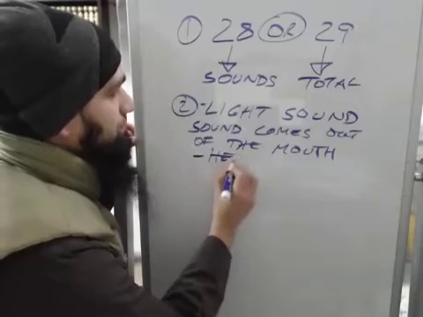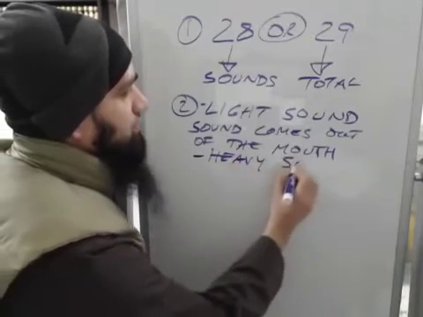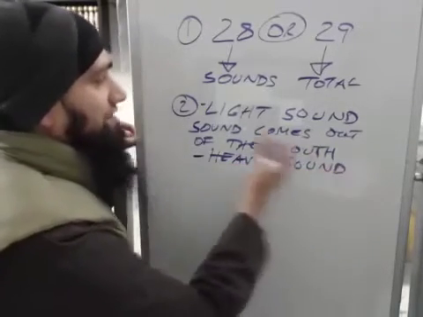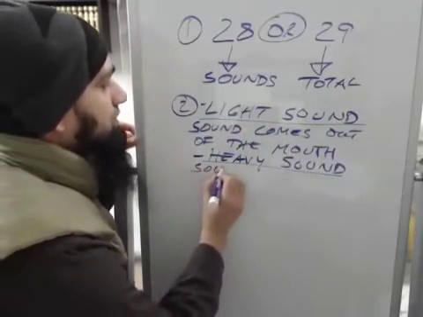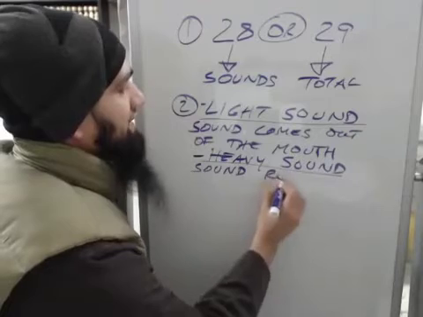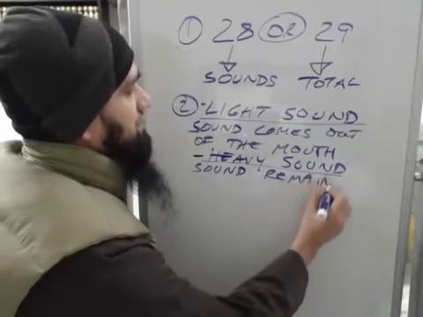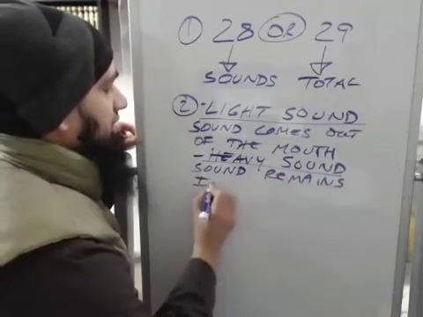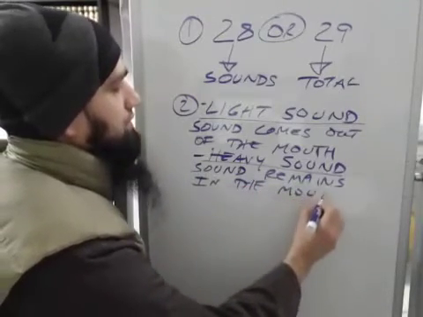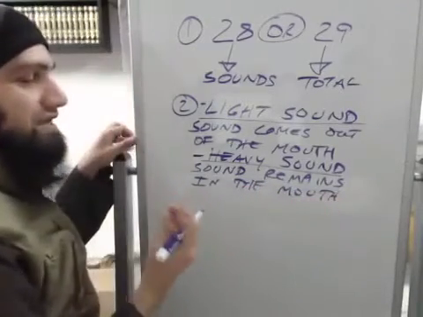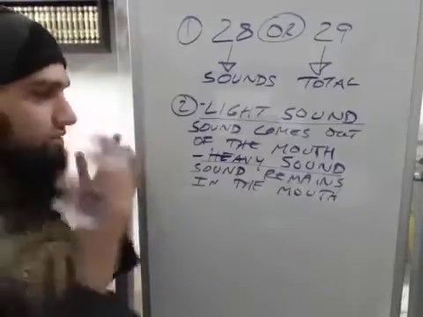And heavy sound, you can tell what the heavy sound is. For the heavy sound, the sound remains in the mouth. The sound remains in the mouth, and the mouth is full.